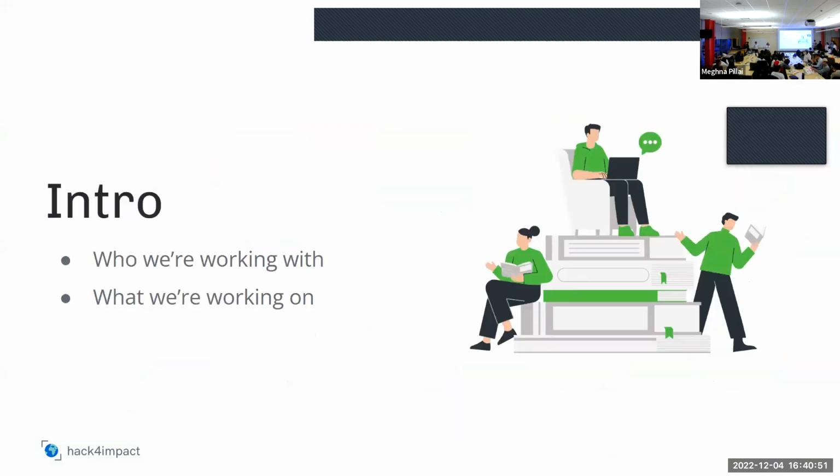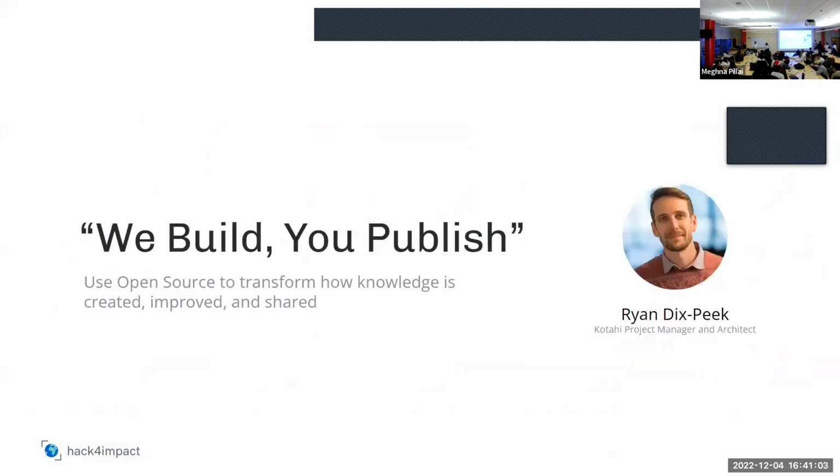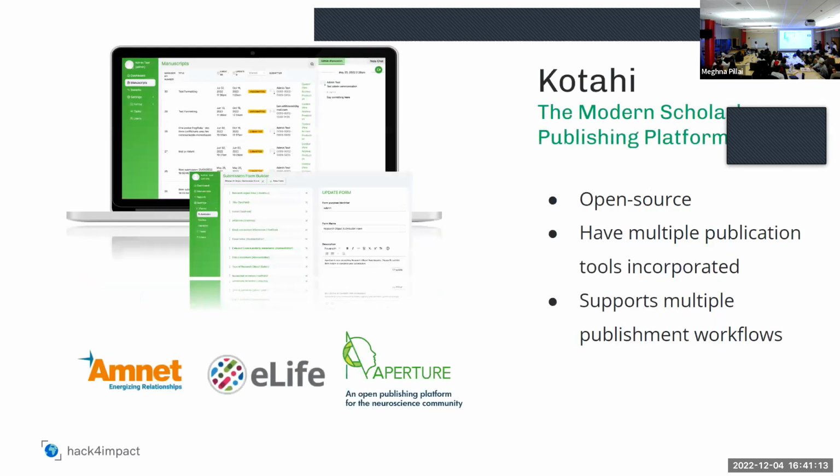As an intro, this semester we're working with Coko Foundation, an organization dedicated to making open source tools for the research publication process. Next slide. They built uPublish, motivated by using open source to transform how knowledge is created, improved, and shared. And this is our client, Ryan.